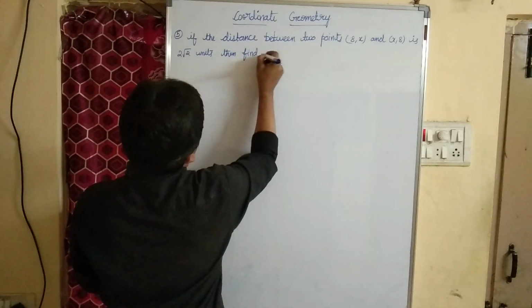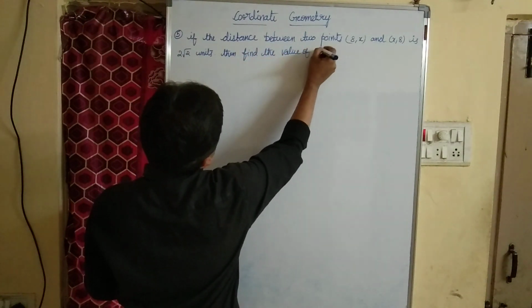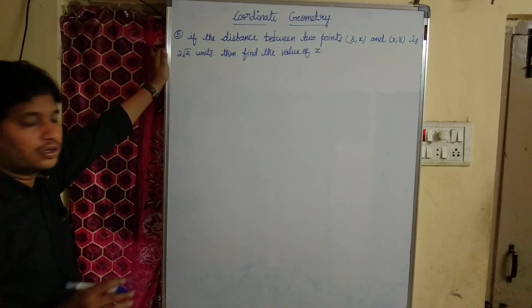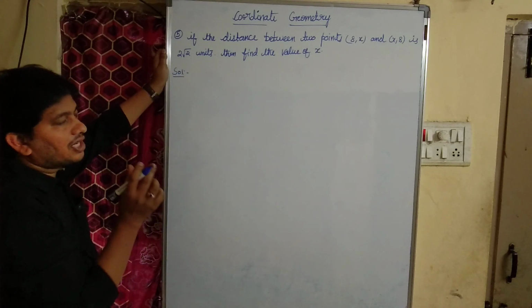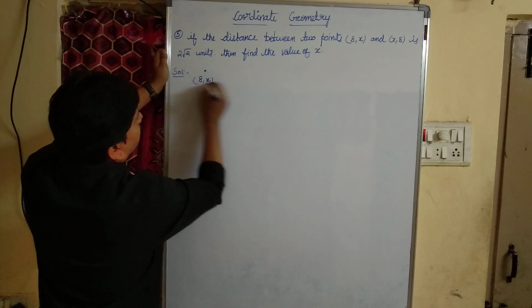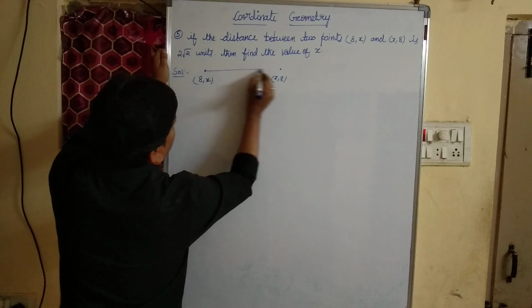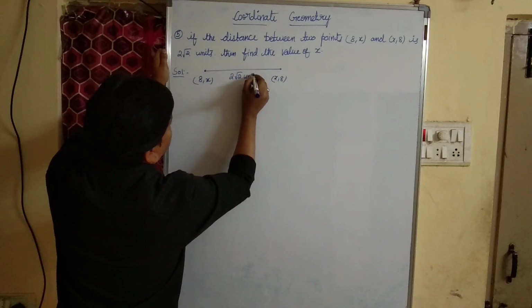Once you read the question properly, the distance between 2 points, one is 8 comma x and the second one is x comma 8, this distance is given as 2 root 2 units, right?